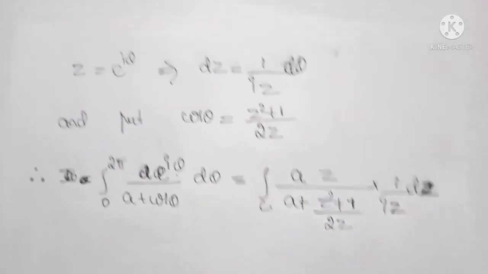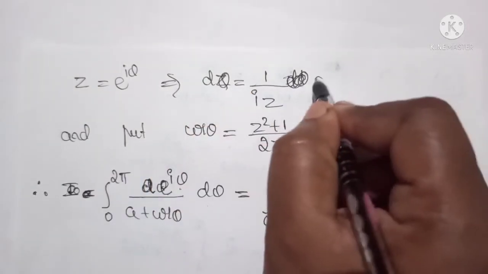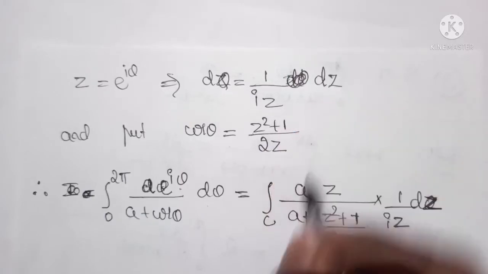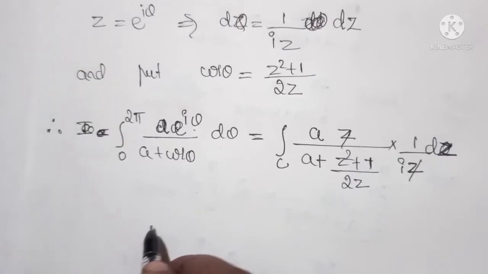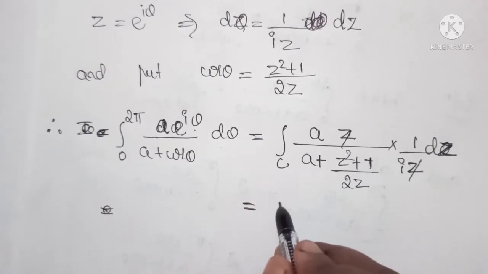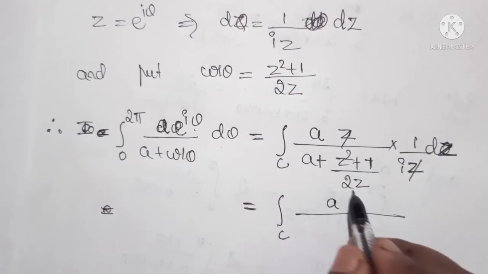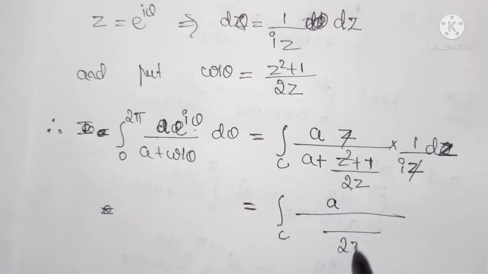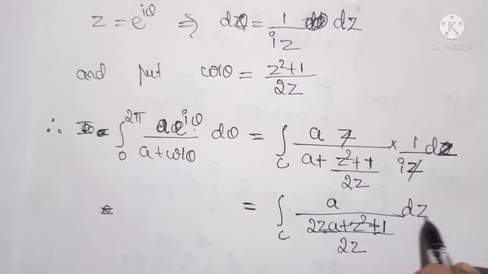Z gets cancelled. Here we can take the integral over C of a as it is, and in the denominator we take the 2z LCM, we get 2za plus z square plus 1 into dz.